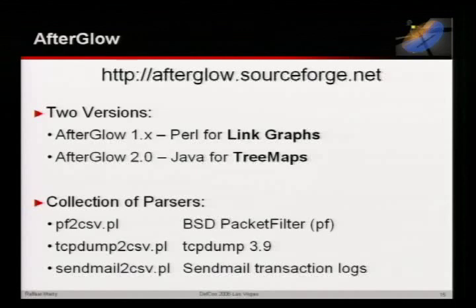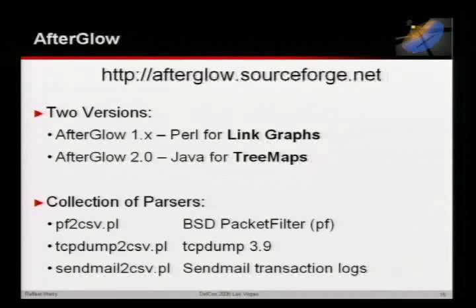What you will also find in Afterglow is that when I started playing with log files, I needed to write parsers, because otherwise I couldn't really visualize my log files. So the parsers I'm writing, I just put onto the Afterglow distro as well.